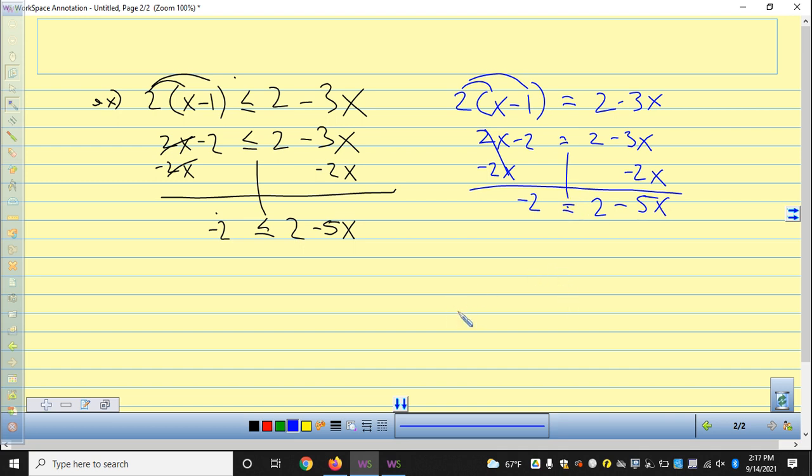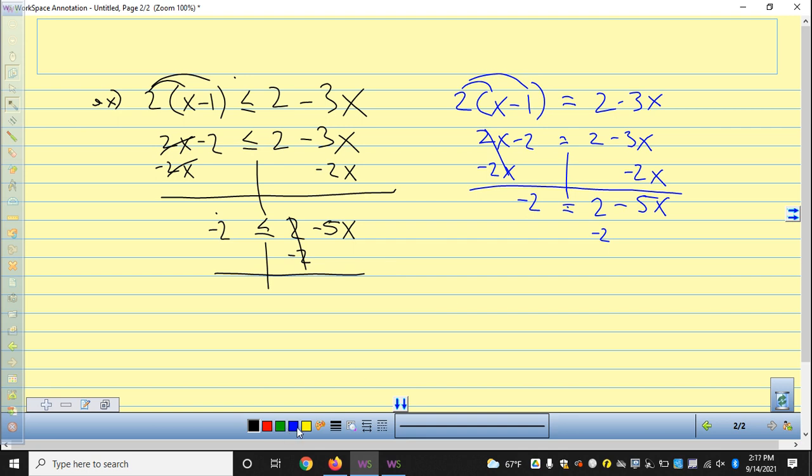All right, what's our next step? So we want to get the x by itself. So we got to get this away from the x. So what are we going to do here? Subtract. We're going to subtract 2. Do that for both of these. Same thing.